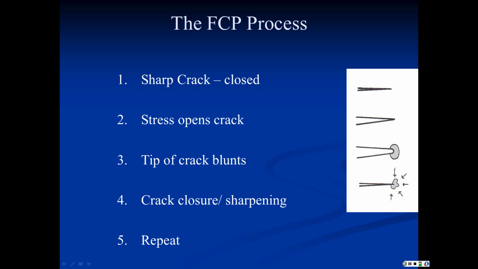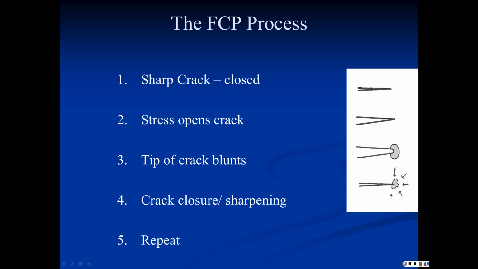Remember, we calculated the size of a plastic zone, the crack tip plastic zone, and so that's what this is here. Now, this is cyclic loading, so we don't just load up once and make a plastic zone. We're going to unload this, so the structure is going to be unloaded. When that happens, all of the elastically deformed material around the crack that had stretched to allow the plastic deformation to occur, it's all going to recover. There's no more stress, so it all wants to go back to its original shape.